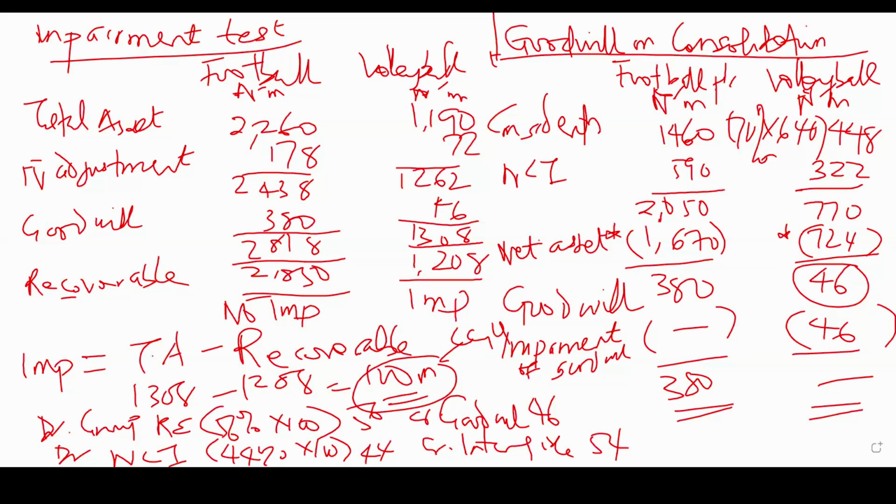Just read allocation of goodwill, allocation of impairments to cash generating units. The first thing it will touch, if there is anything like that, is goodwill. You will first of all apply it to the goodwill, and then to the other assets. Now, I said 46 is the goodwill, and this impairment is higher than 46, so all of that 46 will be impaired.